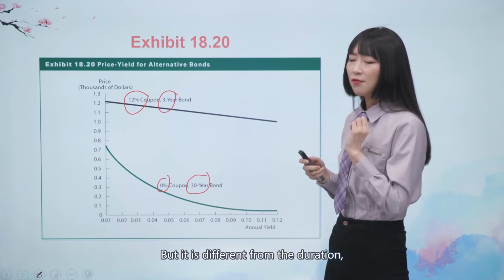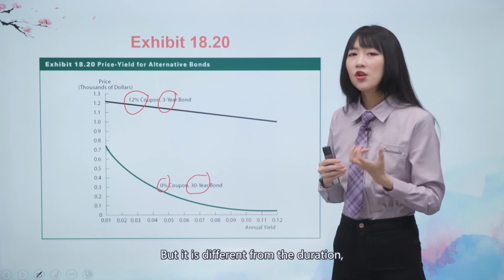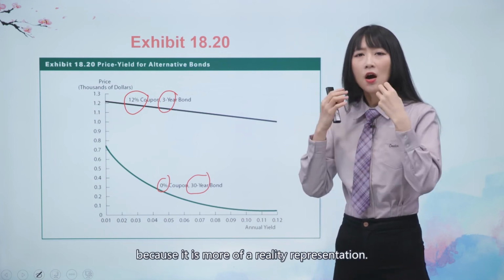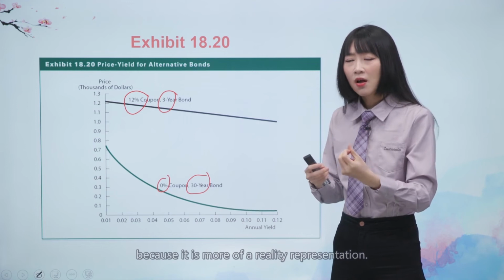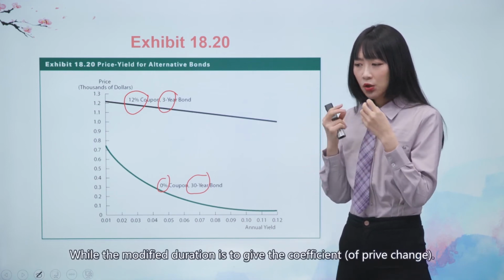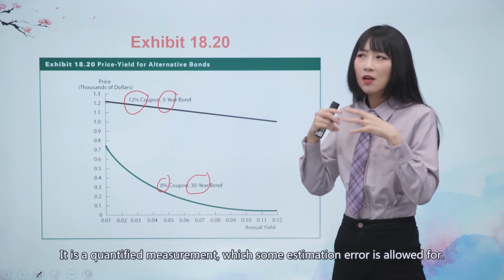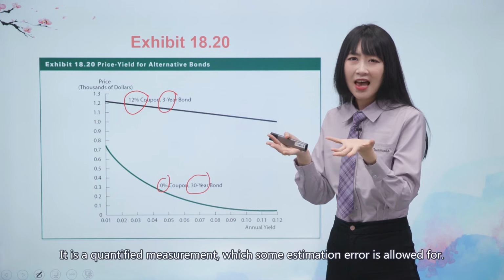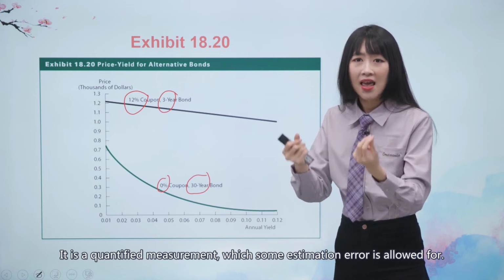But it is different from the duration because it is more of a representation of reality, while the modified duration gives the coefficient. It is a quantified measurement, for which some estimation error is allowed.